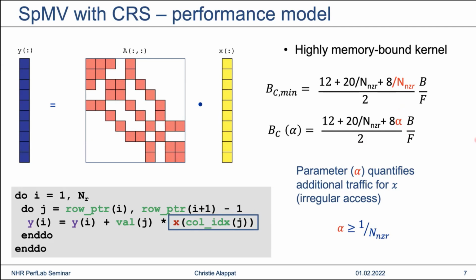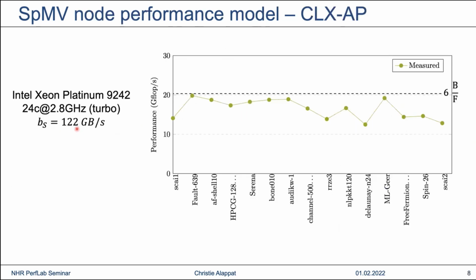Now let's see how the code balance that we proposed here works in combination with the performance model. So performance is given by BS by BC, so saturated bandwidth divided by code balance. And here we see with the green line the SpMV performance on one socket of Cascade Lake AP architecture, which has a saturated bandwidth of 122 gigabytes per second.